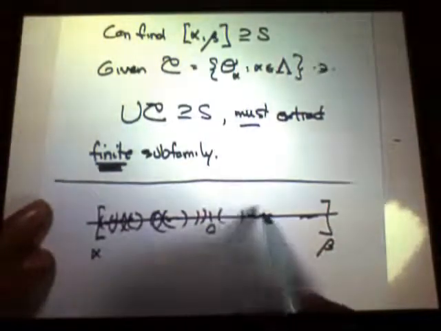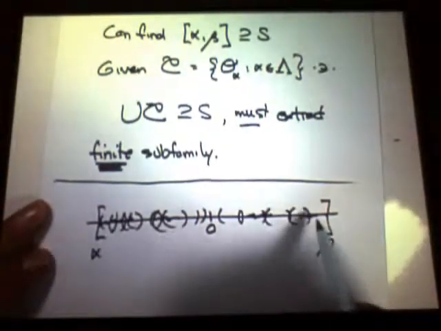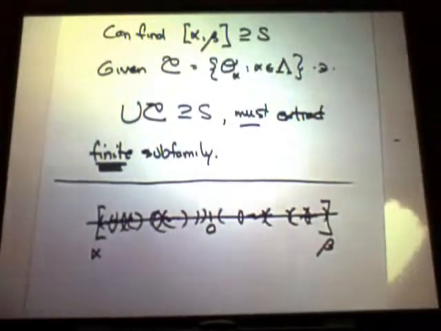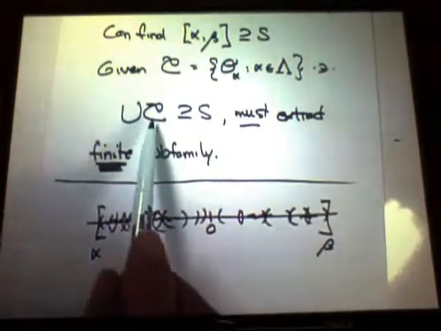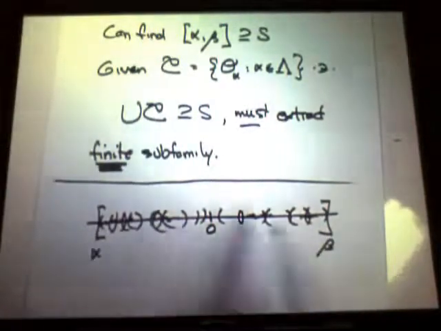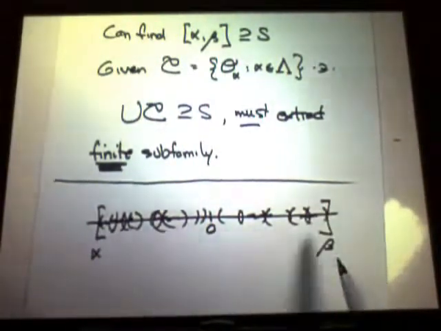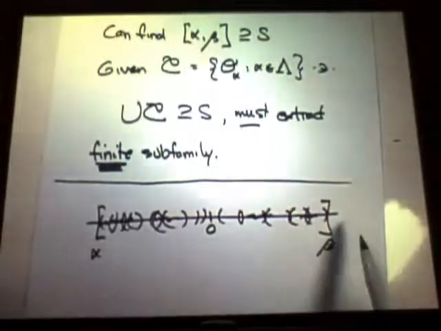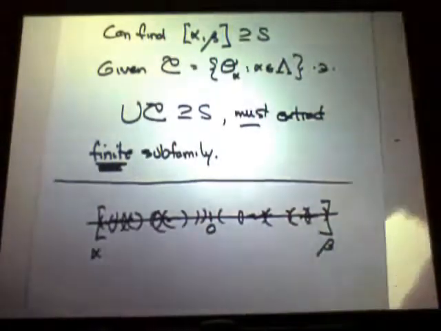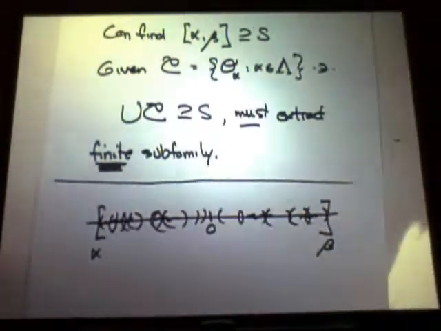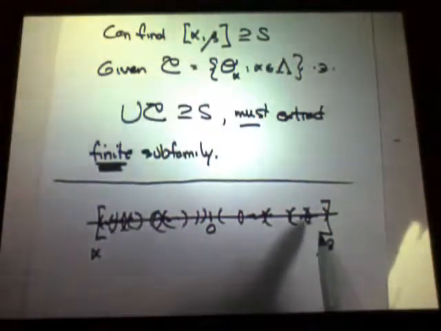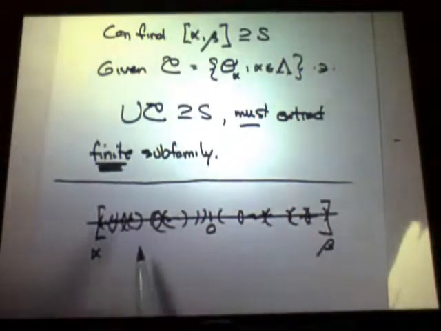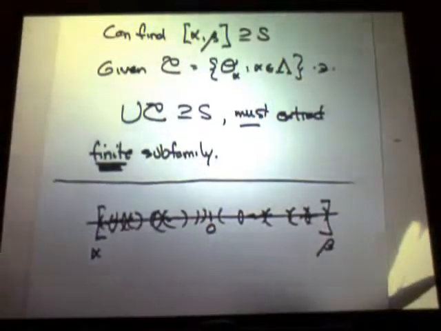They're just everywhere. There's open sets galore, spread all over the place. They're members of C, and their union covers S. It may not cover alpha beta, that's okay, but at least it covers S. Alpha beta is just the fences on either side of S. Most assuredly, the union of all the open sets in the cover contains S.